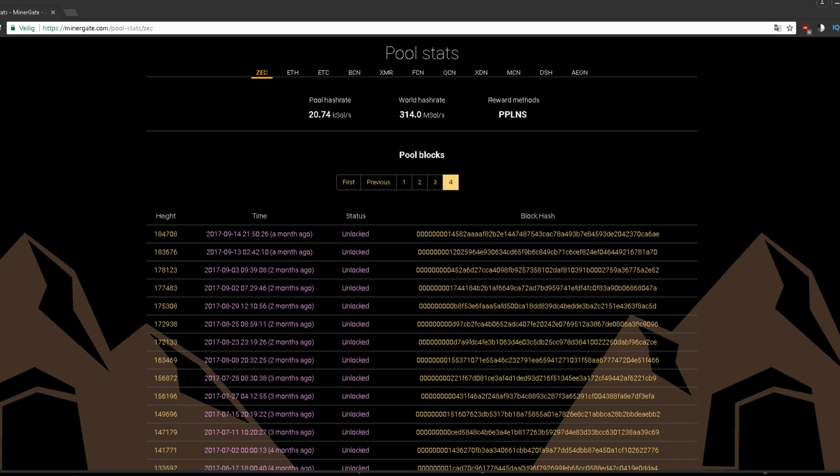What does that mean? That means that there hasn't been any block found since a month ago. The last block for Zcash on this particular Minergate pool was found at this time.